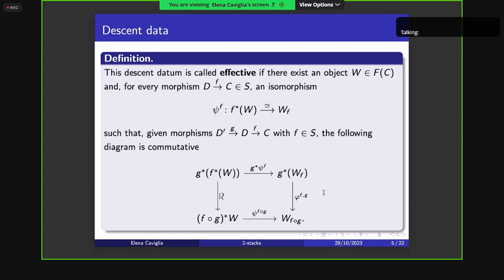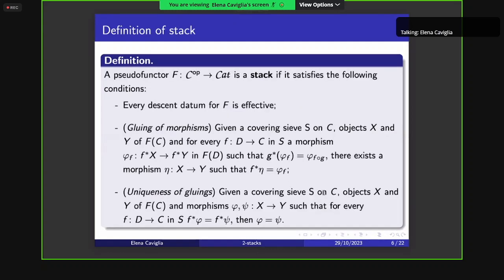So now that we have all the pieces, we can define the notion of stack. So a pseudofunctor from C^op to Cat is a stack if it satisfies this condition. Every descent datum for every covering sieve is effective. And then we have other two conditions that put together are saying that F is a sheaf on morphisms.